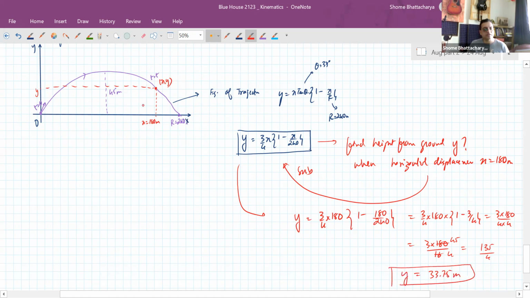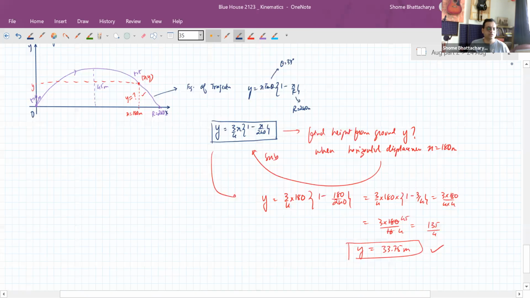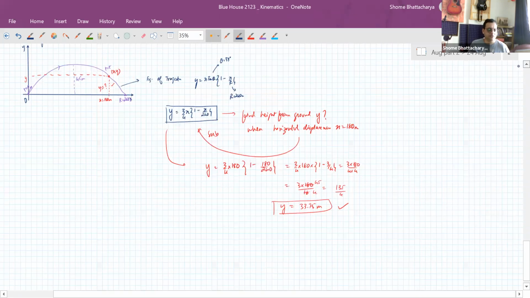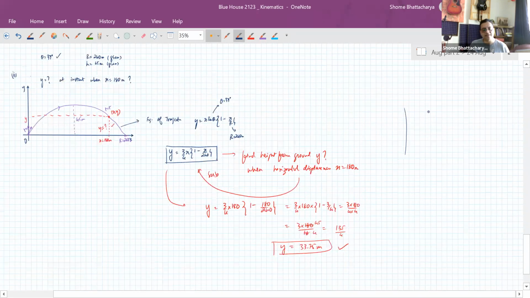So you can see how easy this question becomes because we are using the equation of trajectory. Imagine how much lengthier it would have been if we had used the time-based equations, x equal to u cos theta t and y equal to u sin theta t.